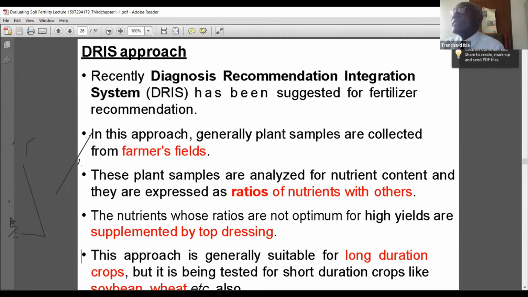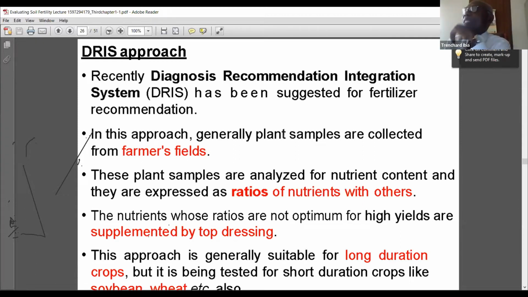The nutrients whose ratios are not optimum for high yields are supplemented by top dressing. This approach is generally suitable for long duration crops, but it is being tested for short duration crops like soybean and wheat. It's popular in the East, Bangladesh, India, I think in the US.